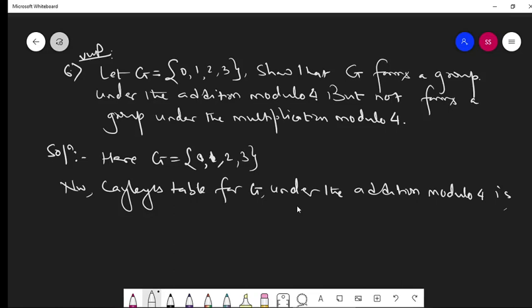Since (1 + 2) + 3 equals 3 + 3, which is 6, and 6 is 2, belongs to G. And 1 + (2 + 3) equals 1 + 5, 5 is 1, 1 + 1 equals 2, that also belongs to G. Therefore (1 + 2) + 3 equals 1 + (2 + 3). One result we have shown.